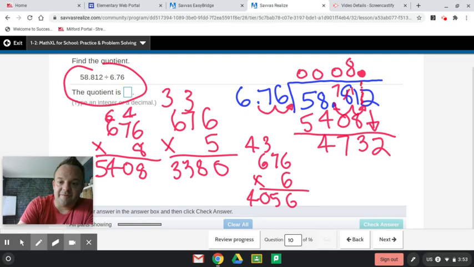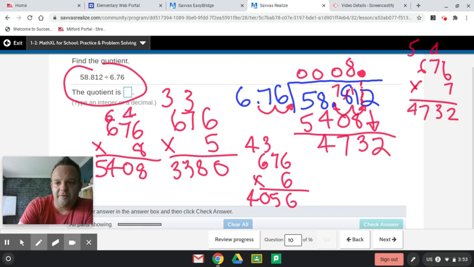Maybe 7. 49 plus 4 is, of course, 53. 42 plus 5 is 47. Oh, thank gosh. Yeah, 7. 7 hits it. And oh boy, that is so satisfying when it terminates.